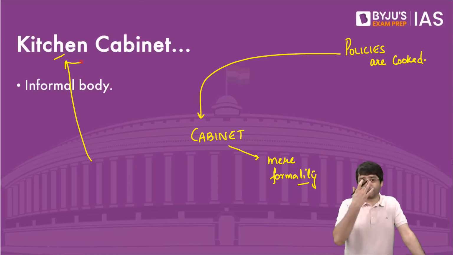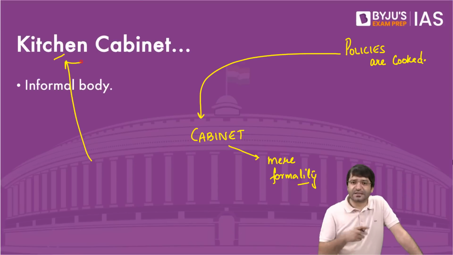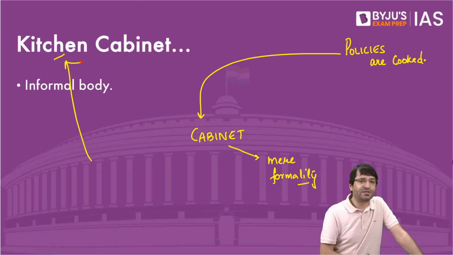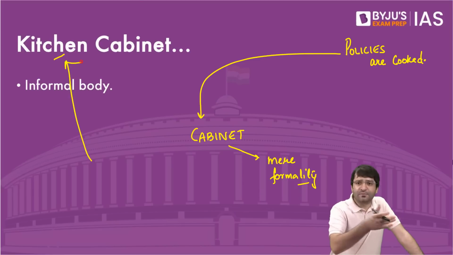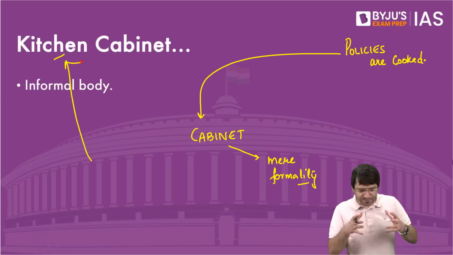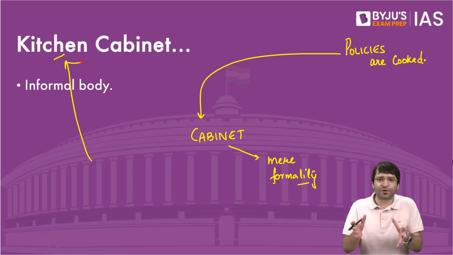For example, Pandit Nehru's kitchen cabinet consisted of Maulana Azad, Sardar Patel. They were part of the kitchen cabinet. When Mr. Vajpayee was the Prime Minister, Mr. Vajpayee, L.K. Advani, Murli Manohar Joshi, the Minister from Maharashtra, Pramod Mahajan, these were very important individuals. So basically, it was Mr. Vajpayee and a set of 3 or 4 individuals.